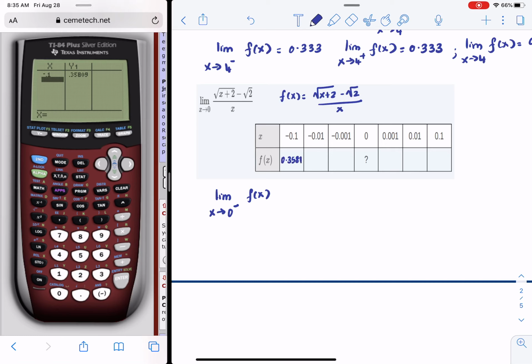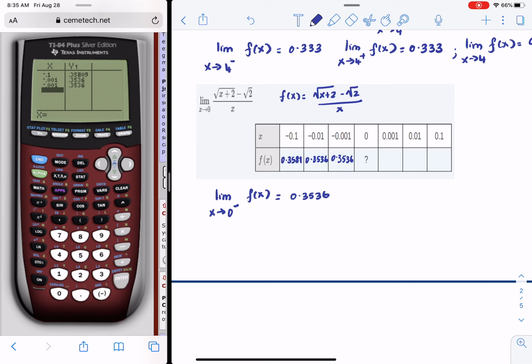0.3581. Negative 0.01 gives me 0.3536. Negative 0.001 gives me 0.3536. And it looks like the limit is 0.3536 at 0.